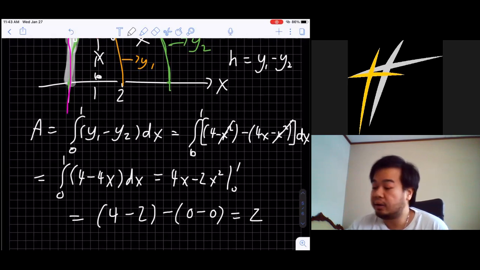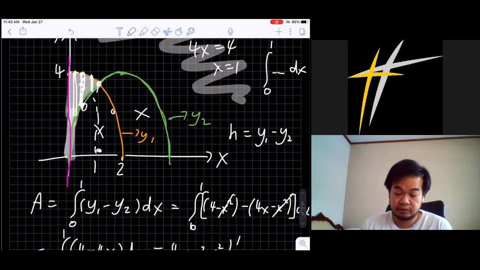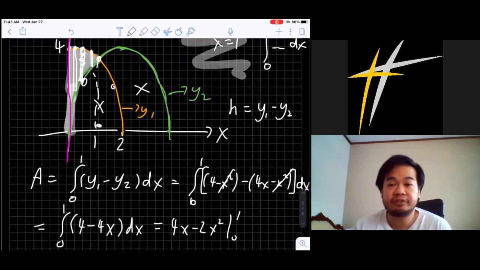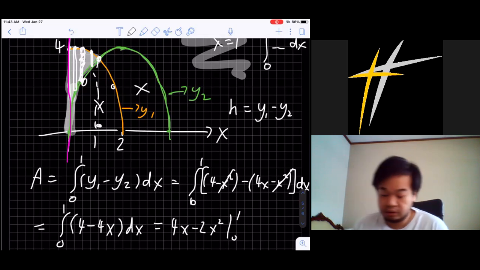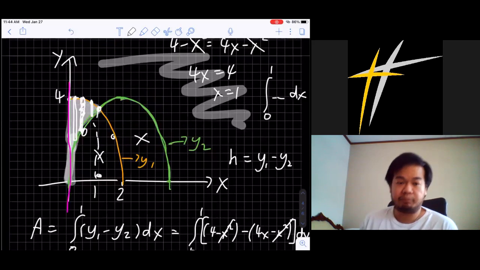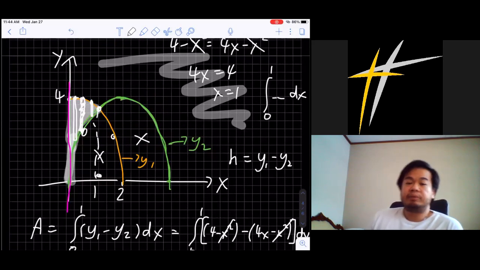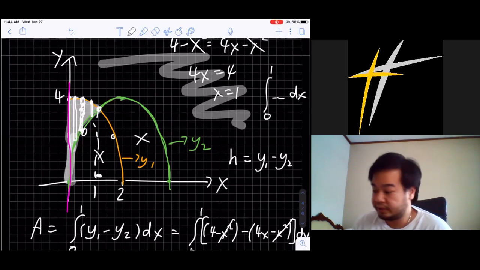So that's the first example before I go forward. Now, the next case is that the sample rectangle that we make can be made horizontally or vertically. There are two ways.